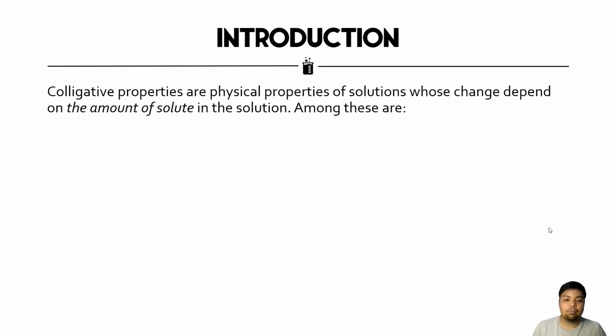So when we say colligative properties, they do not actually depend on the identity of the solute of the solution, but rather on the amount of the solute in the solution. So what does that mean? Let's say we have two solutions.